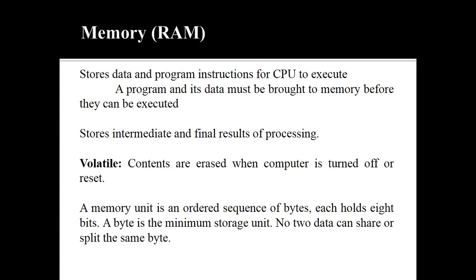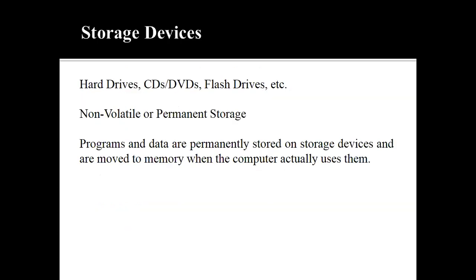In actual practice, no two data items share one specific byte. If you have the character A, it will be on a specific byte. You cannot write B or C or D on that specific byte. So every byte has its own specific data.